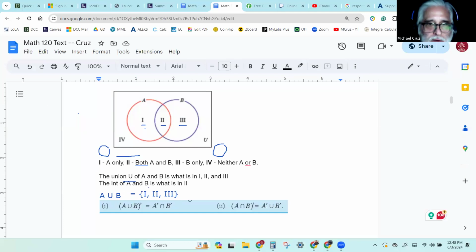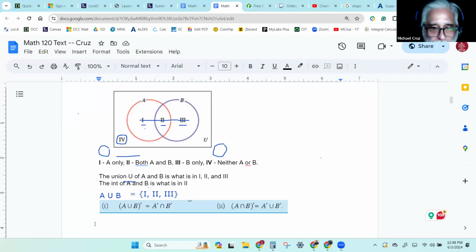Now, in a sense, the universal set is all 4 of these, 1, 2, 3, and 4. So what's not in A union B? Well, we can take those 3 out. The only thing that's left that's not in A union B is 4.